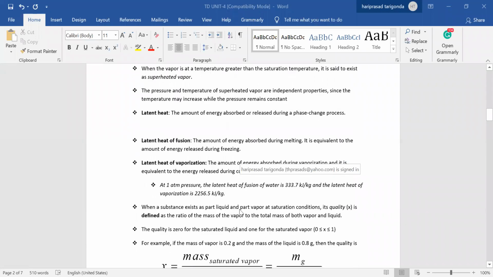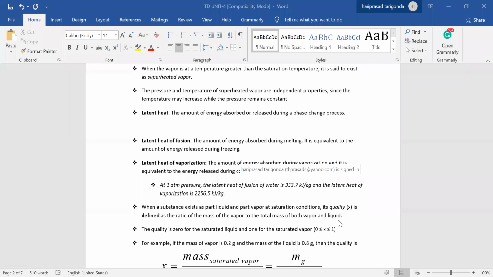Okay. Next one is when a substance exists as a part liquid and a part vapor at saturation conditions, its quality is defined as the ratio of mass of vapor to the mass of both vapor and liquid. Generally we are producing steam.